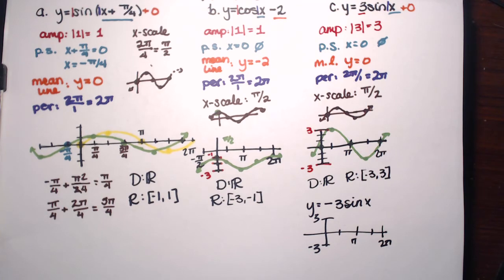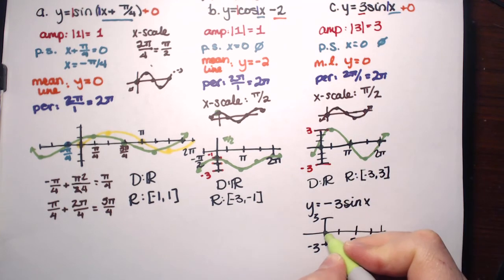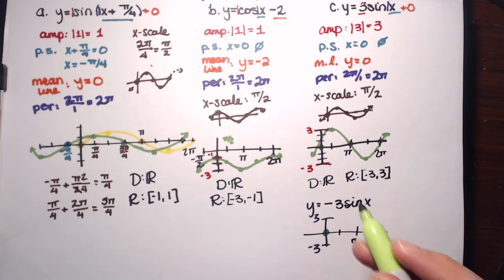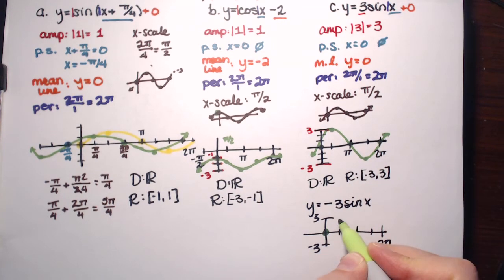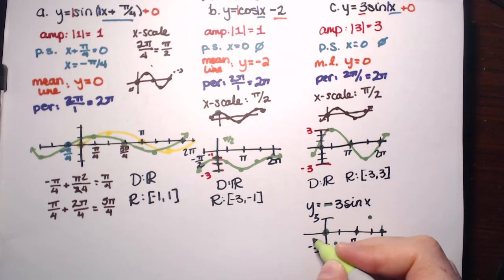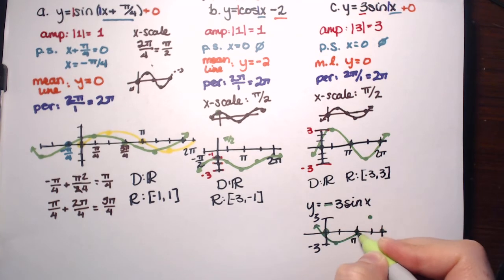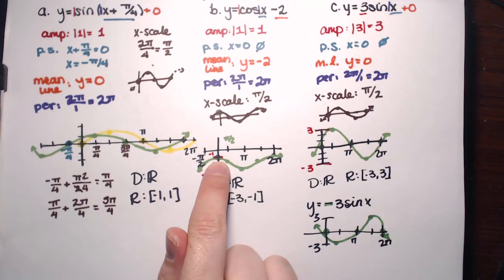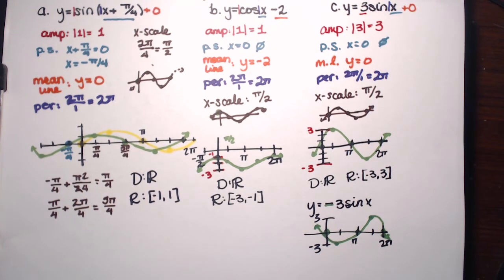The difference is it's reflected across the x-axis. So now instead of going up, because of this negative, we'd go down. So something like that. So cosine, if cosine was flipped, it would just start at the lowest. So that's how a negative would change.